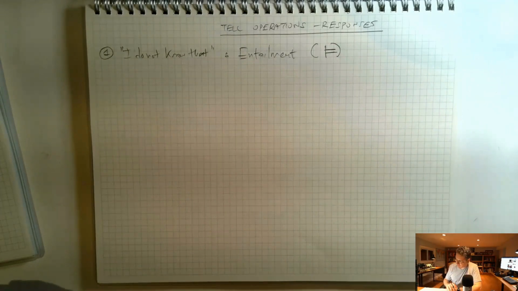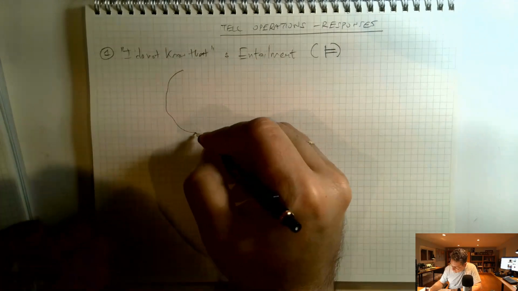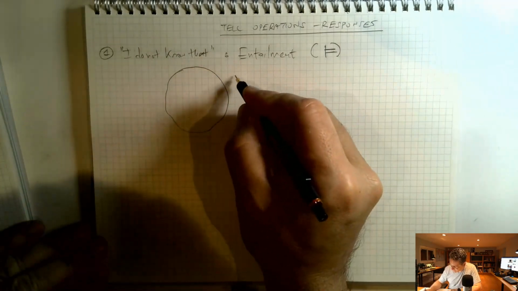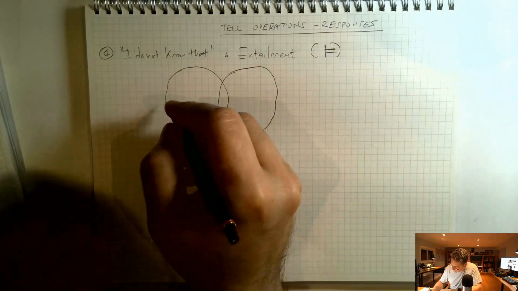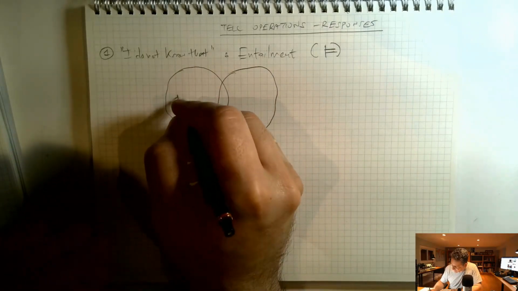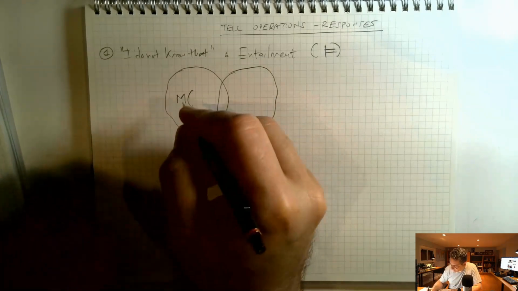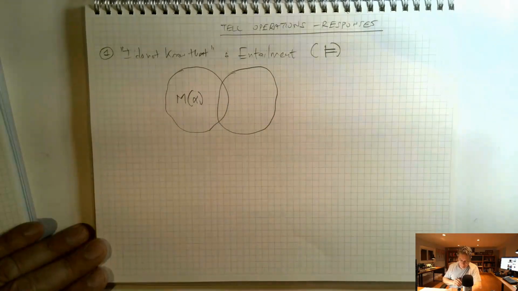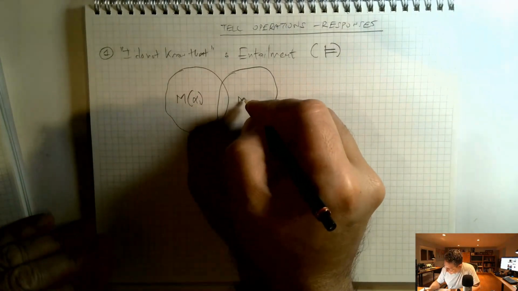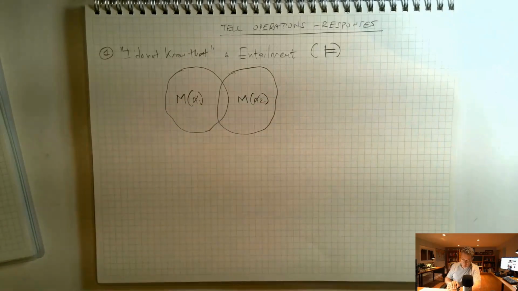The corresponding Venn diagram, which I will explain now, looks like this. As we said earlier in another video, we had the set of models that satisfy the sentence A1, let's say, and another set of models that satisfy the sentence A2.